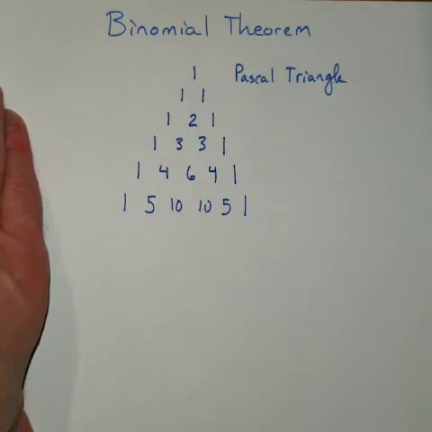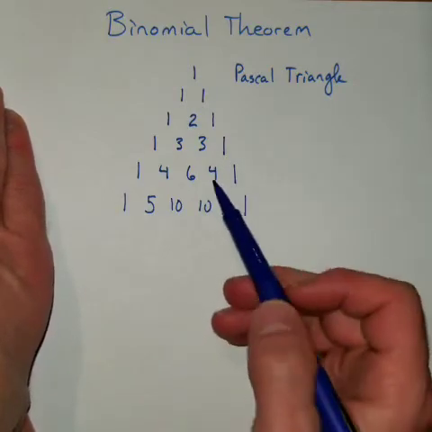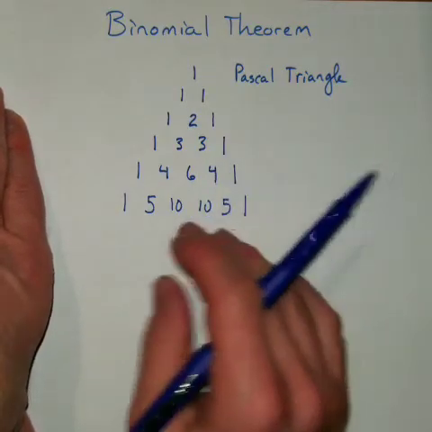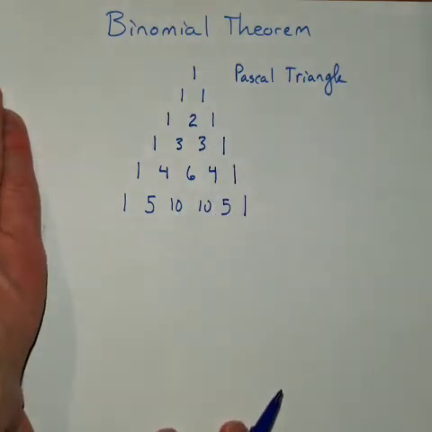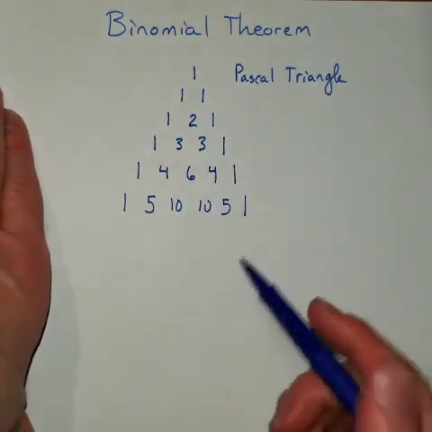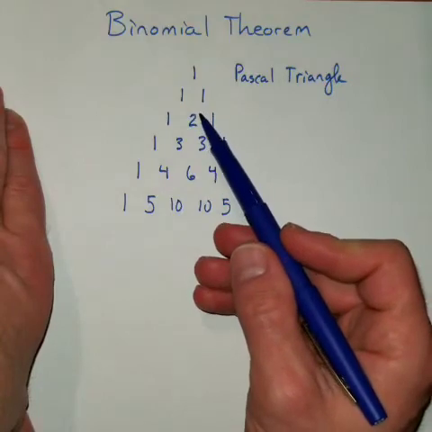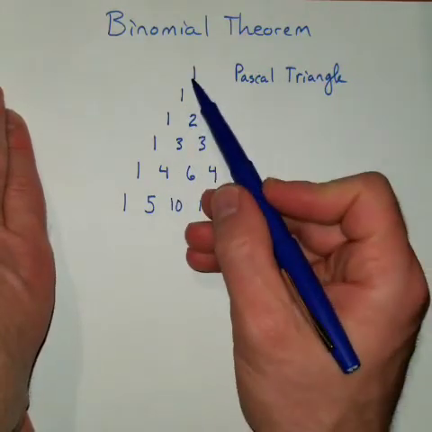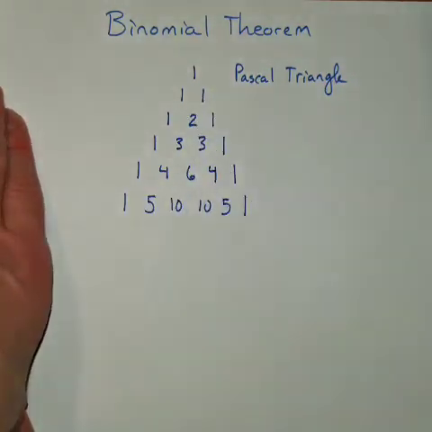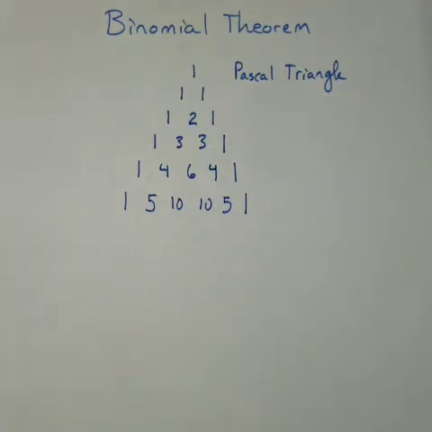One pattern you could try is to extend this out maybe 20-30 rows, do it on graph paper, and shade in all the odd numbers. You get a really neat geometrical pattern.